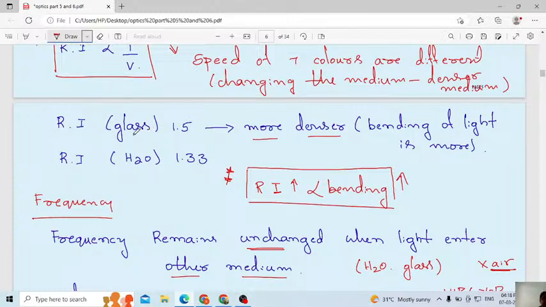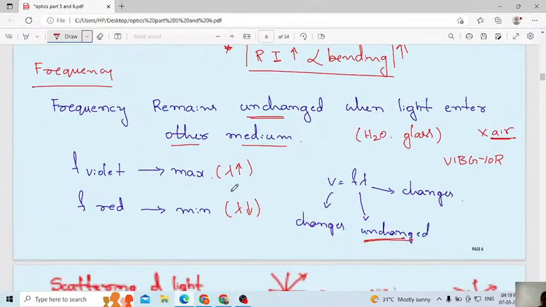Otherwise, bending of light in the glass medium is more compared to the water medium, because the refractive index of glass is more than that of water. You have to remember this point, it is very, very important. If you know the concept, you can easily answer any question in the exam.